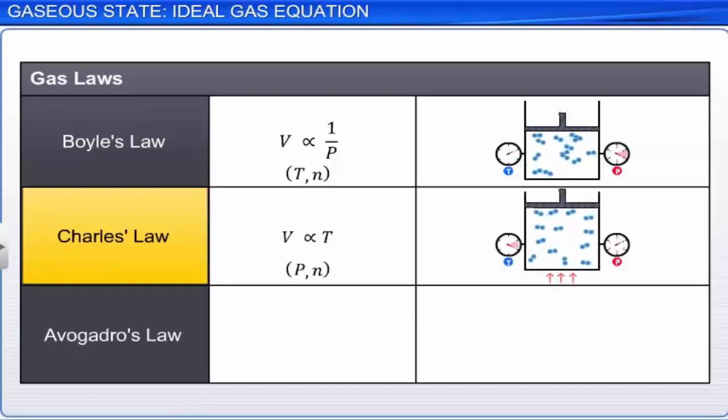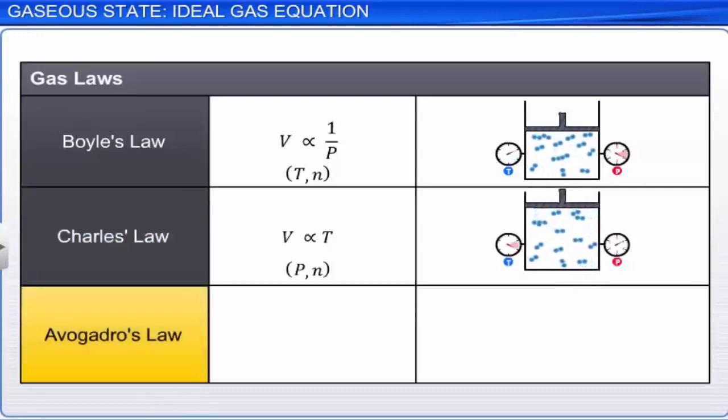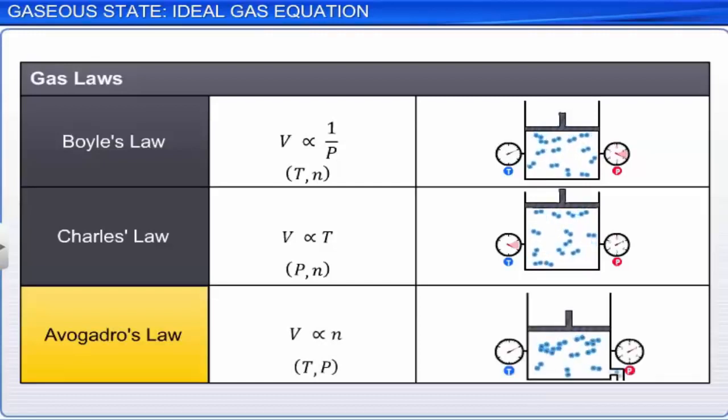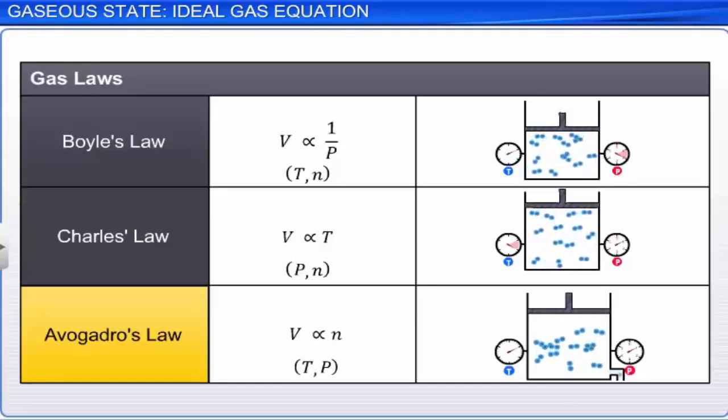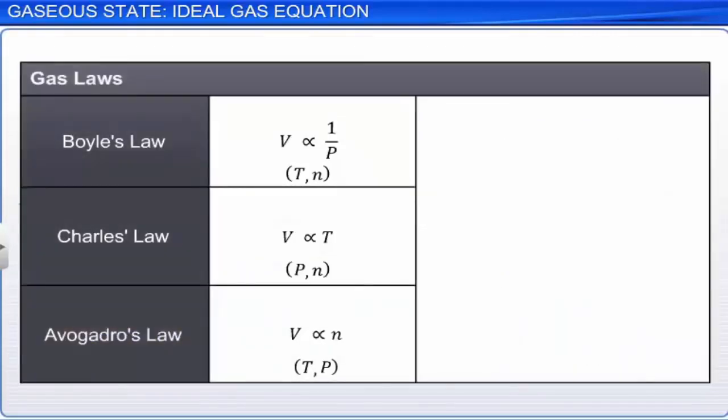Avogadro's law describes the relationship between volume and number of moles. It states that at constant pressure and temperature, the volume of a gas is directly proportional to the number of moles present in the gas. On combining these 3 laws, we get the ideal gas equation.